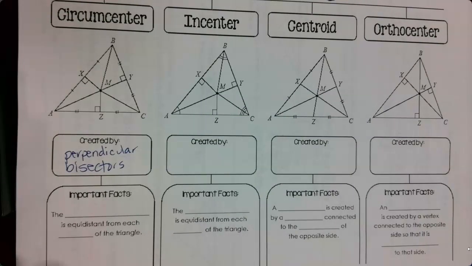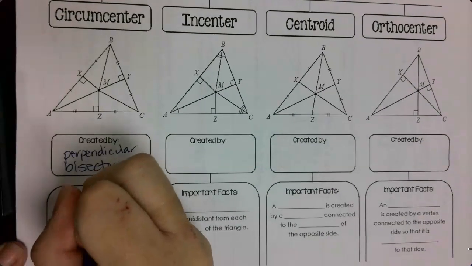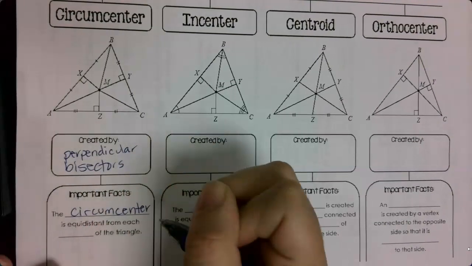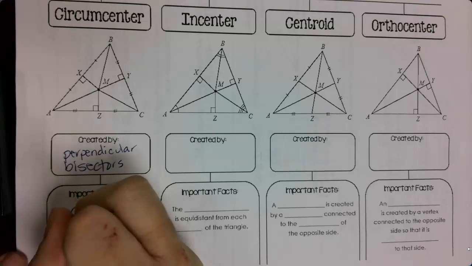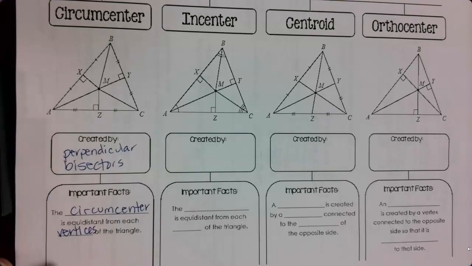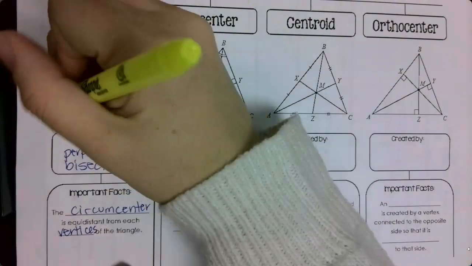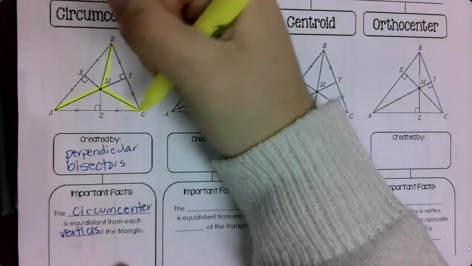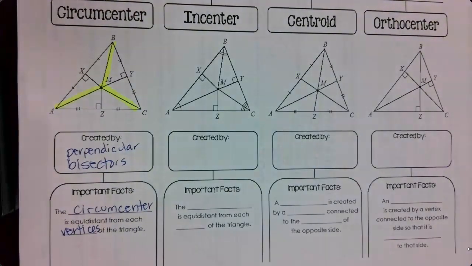And the circumcenter is equidistant from each of the vertices of the triangle. So AM, BM, and CM are all going to be the same length.